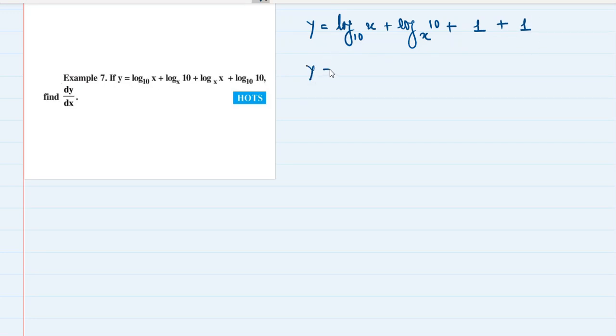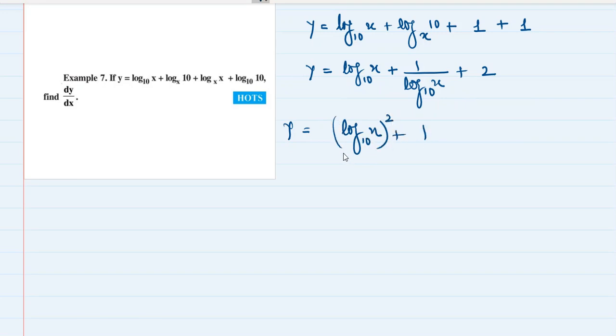So y is equal to log of x to the base 10 plus, see, log of 10 to the base x can be written as 1 upon log of x to the base 10, plus 2. And then we take LCM. So what will be the LCM? y is equal to (log of x to the base 10) the whole square plus 1, upon log of x to the base 10, plus 2.